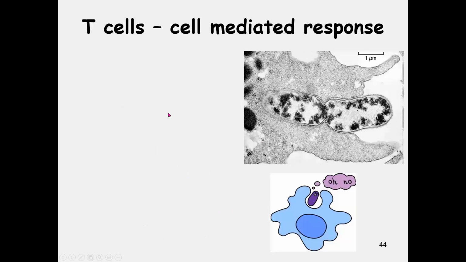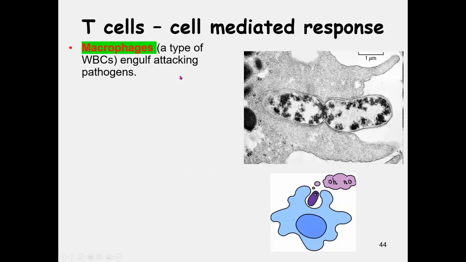Now, the T cells, these are cell mediated. So macrophages engulf the pathogen. Here's a macrophage. This sort of movement that you're seeing here, where these bits of the macrophage are pushed out, is called amoeboid movement.